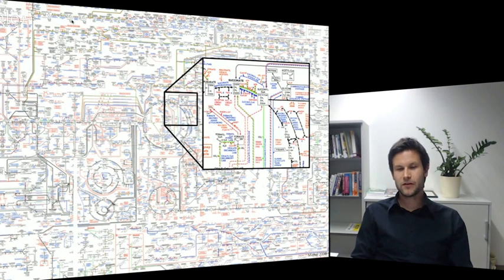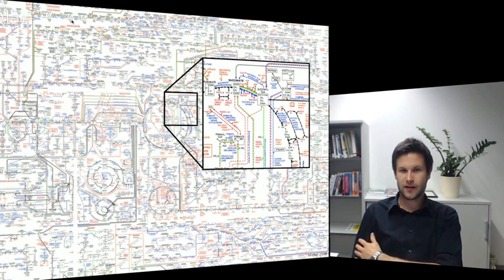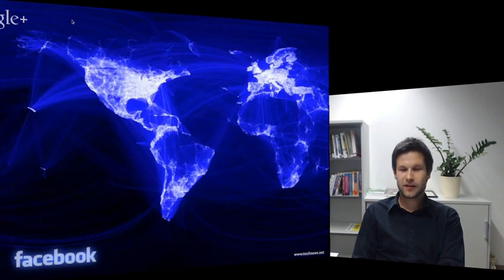But of course, the bio community moved on to more interactive versions that you can look at on your computer. And this is the last example that I have. It's showing the Facebook network, so who is connected to whom. And the dense regions are, of course, also densely populated regions that are using Facebook. So you see the US and you see Europe here.